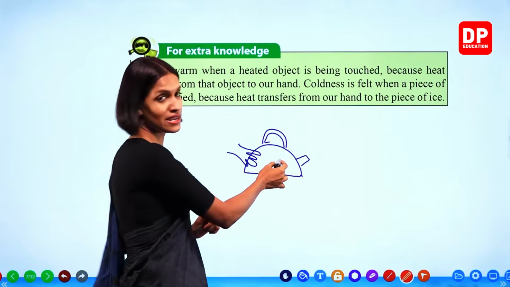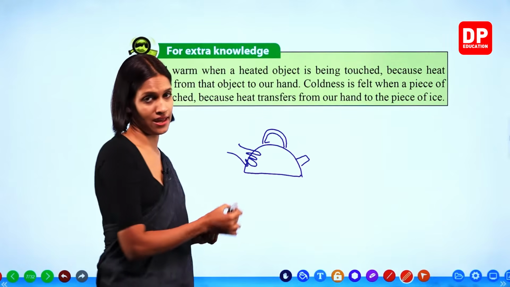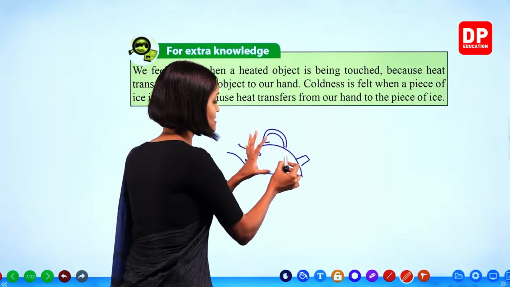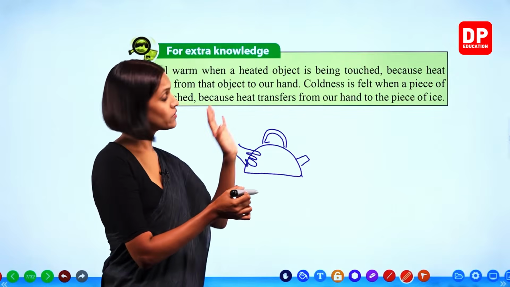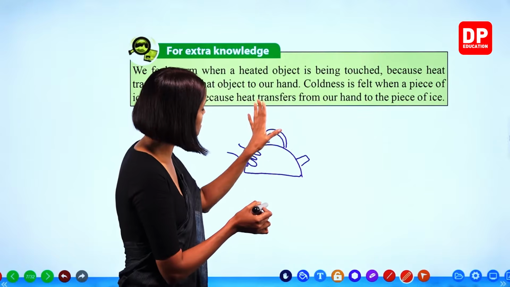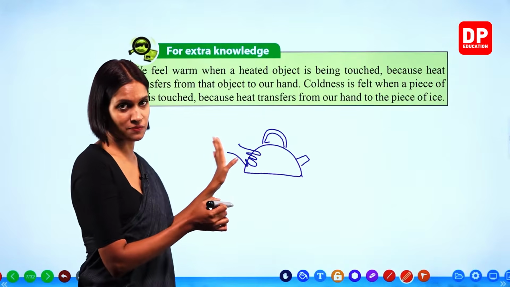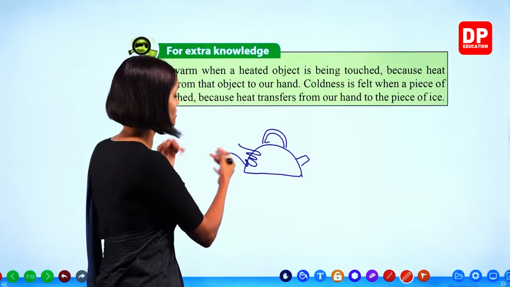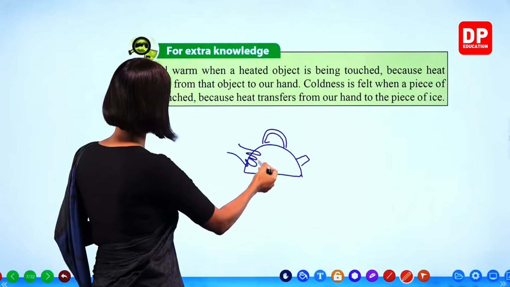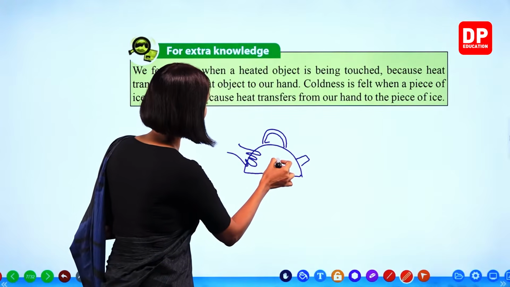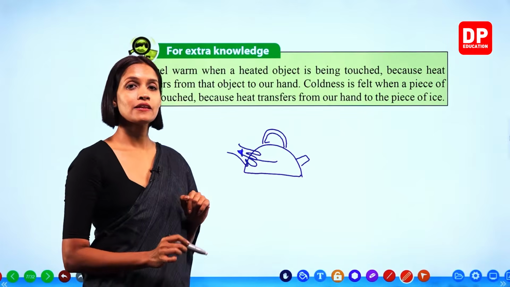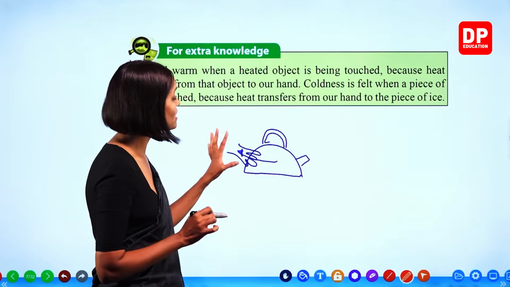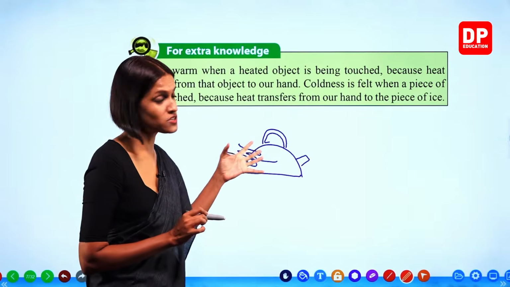This one's temperature is higher than our hand. More heat energy is contained in this kettle than our hand. So the heat travels from where it is higher to lower. So heat transfers from the kettle to our hand. Right? So we feel it's warmer. Its warmness we can feel.